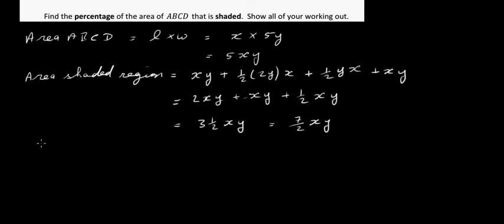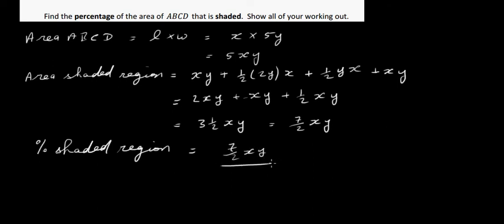So the percentage of the shaded region is going to be equal to the shaded region, which is 7 over 2 xy, over the area of the whole rectangle, which is 5xy, and this is the fraction of the shaded region. To turn that into a percentage, we multiply by 100.